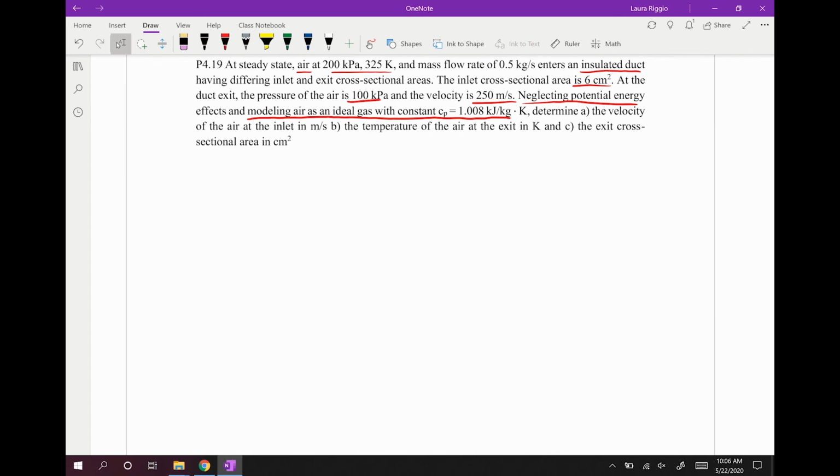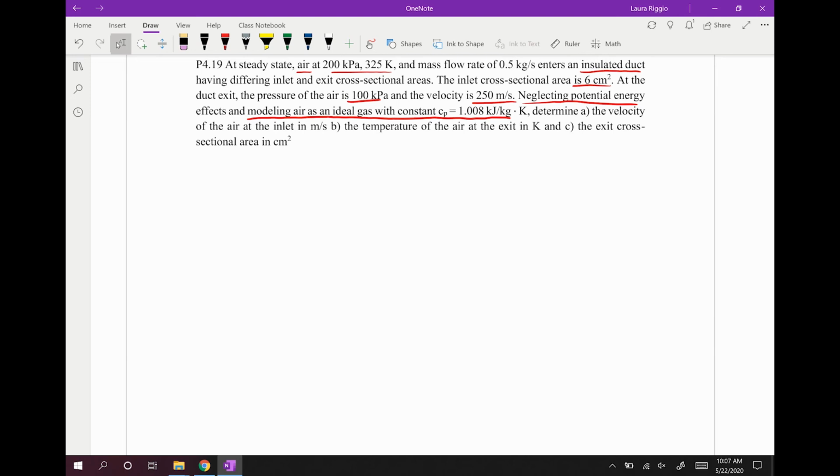So we're going to look at a quick example where, at steady state, we have air at 200 kilopascals and 325 Kelvin. Our mass flow rate is 0.5 kilograms per second. It enters an insulated duct having diverging inlet and exit cross-sectional areas. The inlet cross-sectional area is 6 centimeters squared.